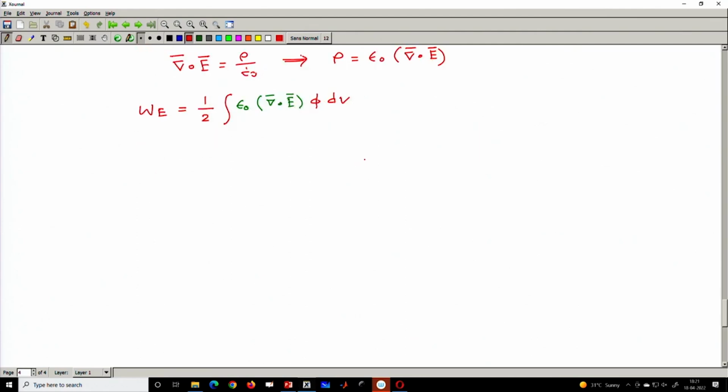Now, I am going to use a vector identity. The vector identity is the divergence of a scalar field multiplied by a vector field. This is very important, and we know that this is phi, the scalar field, multiplied by the divergence of the vector field, plus the vector field dot the gradient of the scalar field.